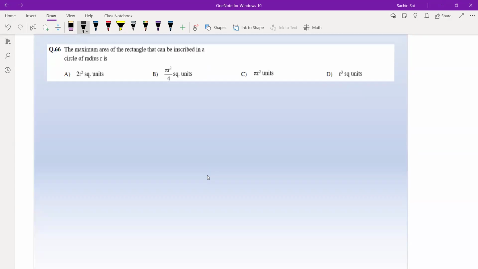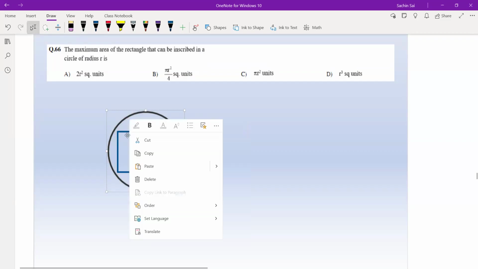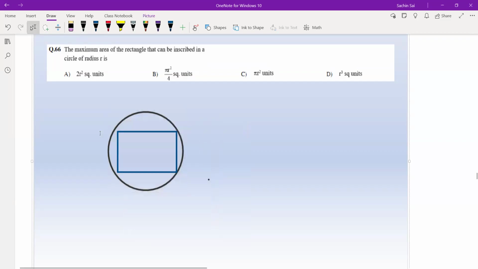Question 66. The maximum area of a rectangle that can be inscribed in a circle of radius r. So we also have one very interesting question from maximum here. You have a circle with a fixed radius, and we want to inscribe a rectangle in this particular circle.